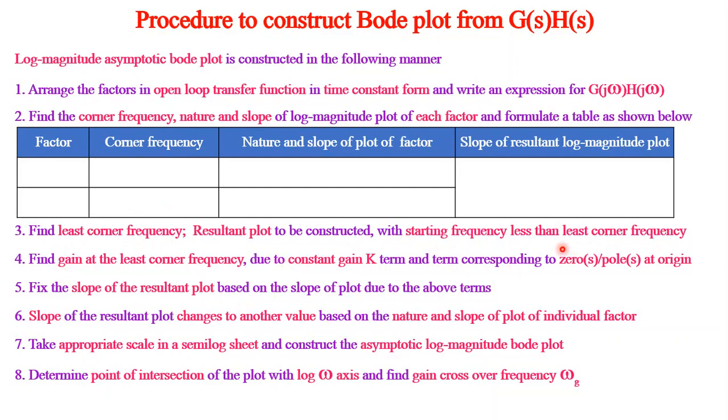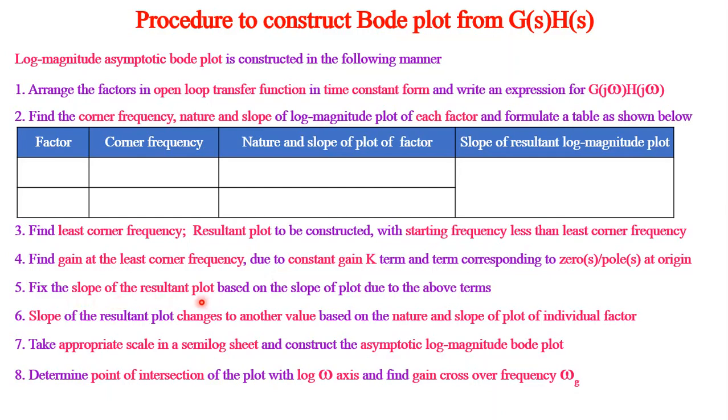Since we have to start at that least corner frequency, let us find the gain at the least corner frequency due to the constant gain term, and then zeros and poles at origin. Because these are not the corner frequencies effect, these will not be influenced by the corner frequency effect.